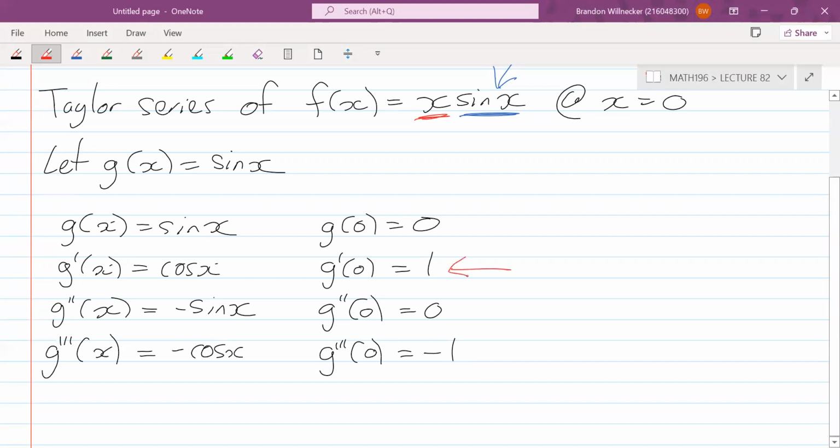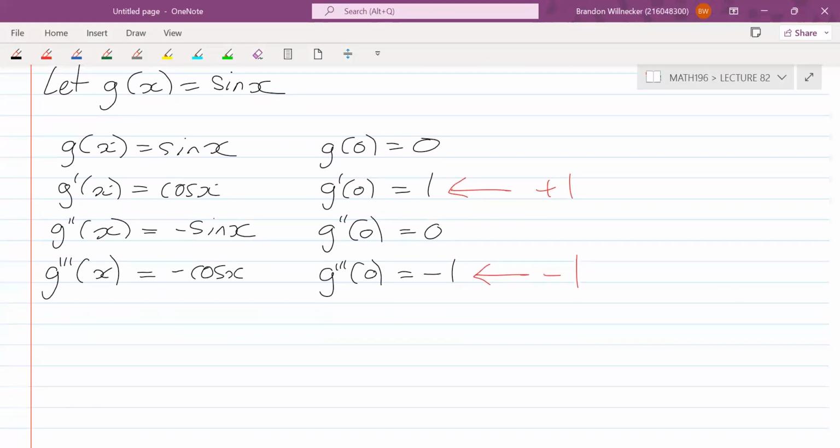So all of the odd derivatives have a non-zero value because all of the even derivatives end up being sine, and that gives us 0. So we go plus 1, minus 1, plus 1, minus 1 for all of the odd terms. Okay, so each odd term alternates between plus 1 and minus 1.